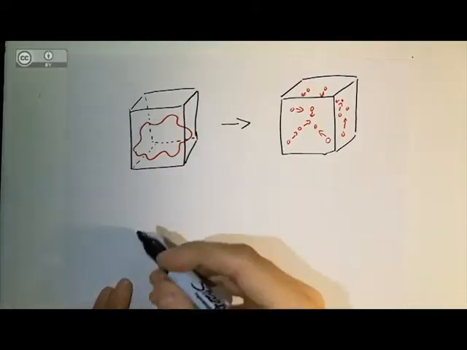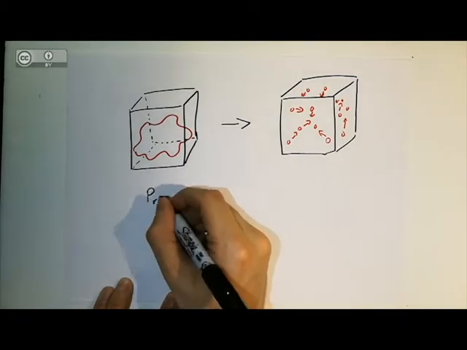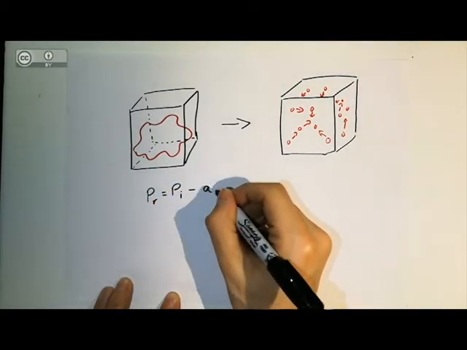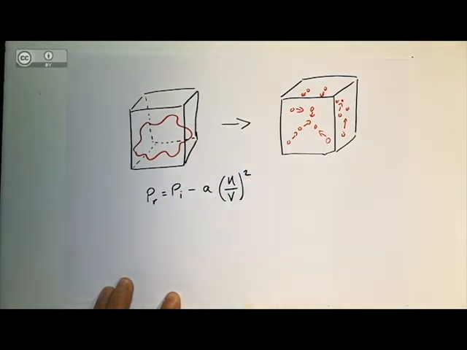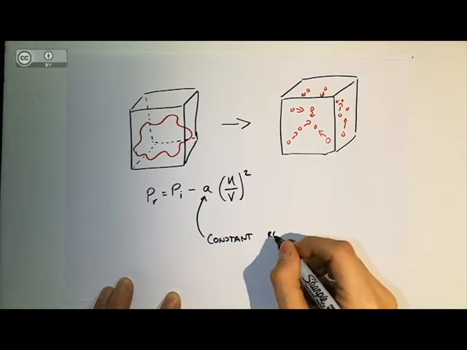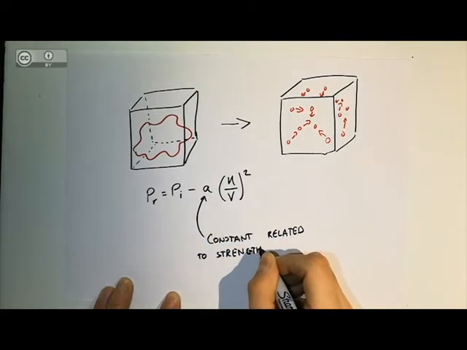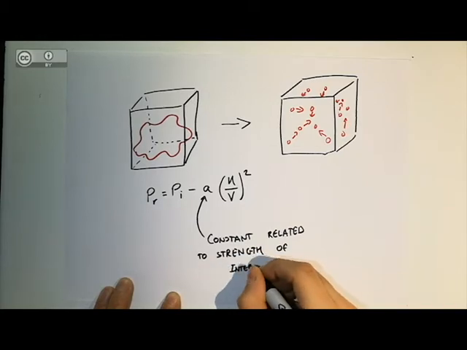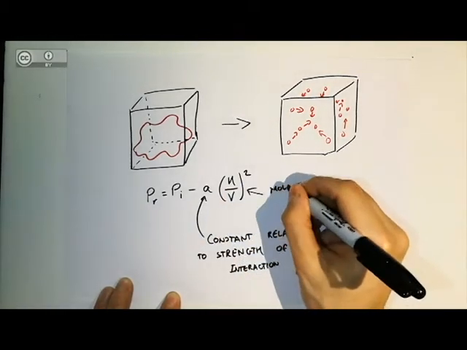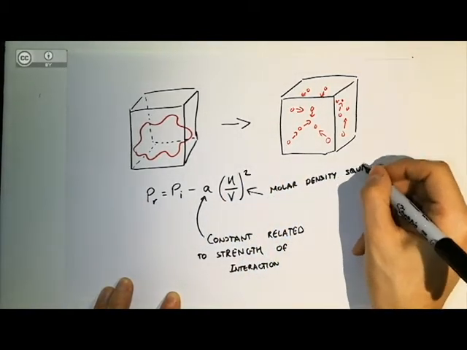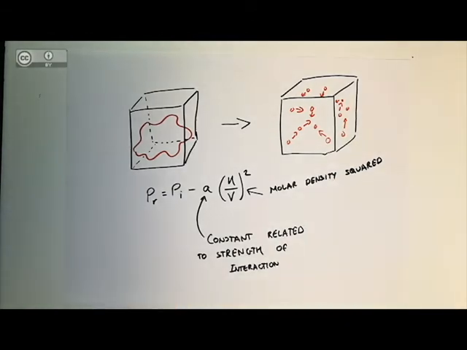We represent this decrease in pressure by equating the real pressure, P_R, to the ideal pressure, P_I, minus a new term. This new term consists of a constant a related to the strength of the van der Waals interaction, times the molar density squared, i.e. n over V all squared. This gives us the relation P_R equals P_I minus a times (n over V) squared.